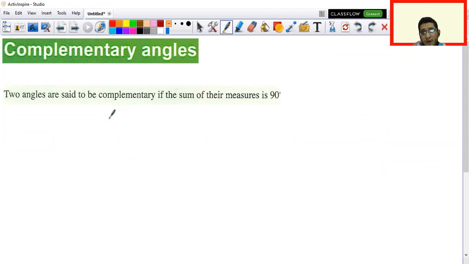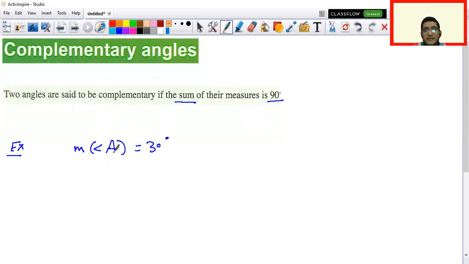The second concept is complementary angles. Two angles are said to be complementary if the sum of their measures is 90 degrees. For example, if we have the measure of angle A equal 30 degrees, what is the complementary angle of the angle A?